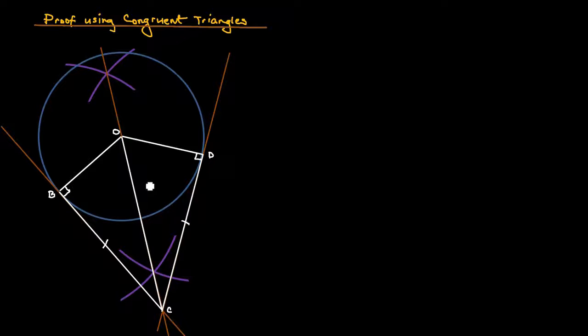Okay, well, how do we do that? Well, it might be tempting here to start with this common side. So we can say that OC is common. And we could say, well, we've got an angle here, in which case we'd have these sides.